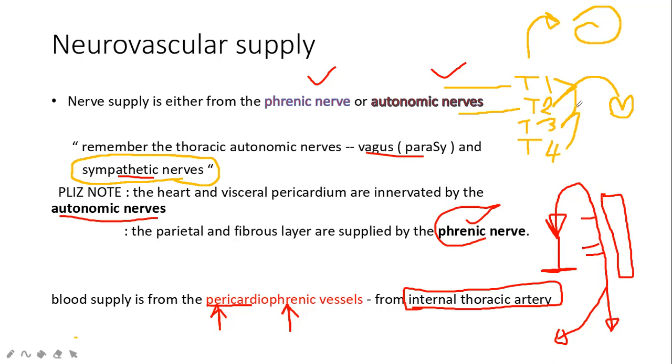Specifically T2 gives a branch that supplies the medial aspect of the arm. This branch comes from the intercostal region to go into the arm, so it's called the intercostobrachial nerve.